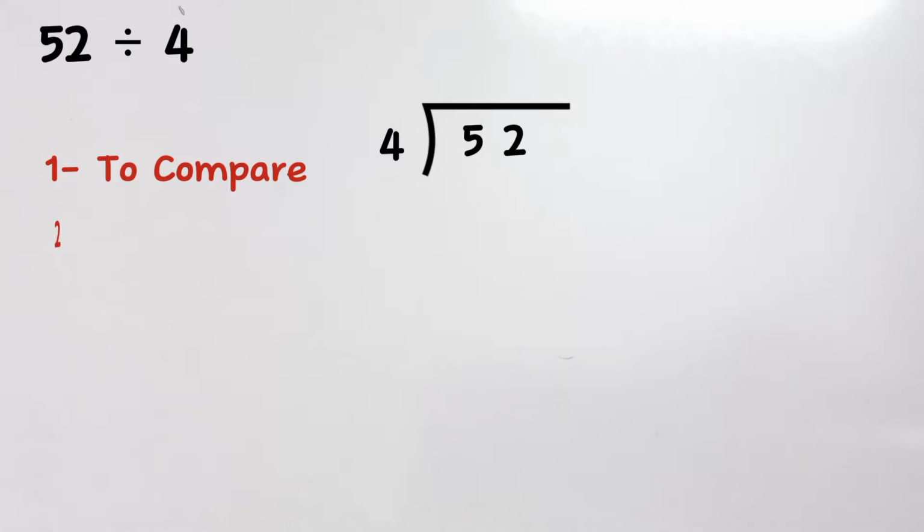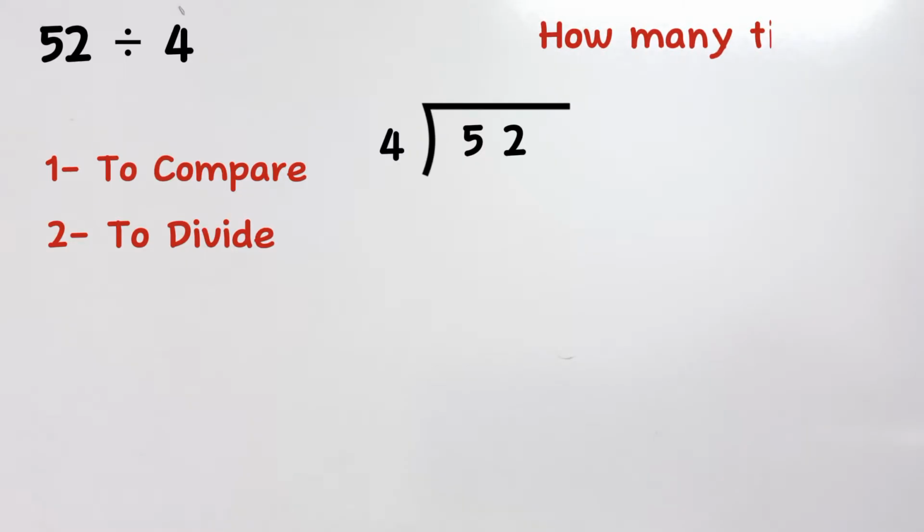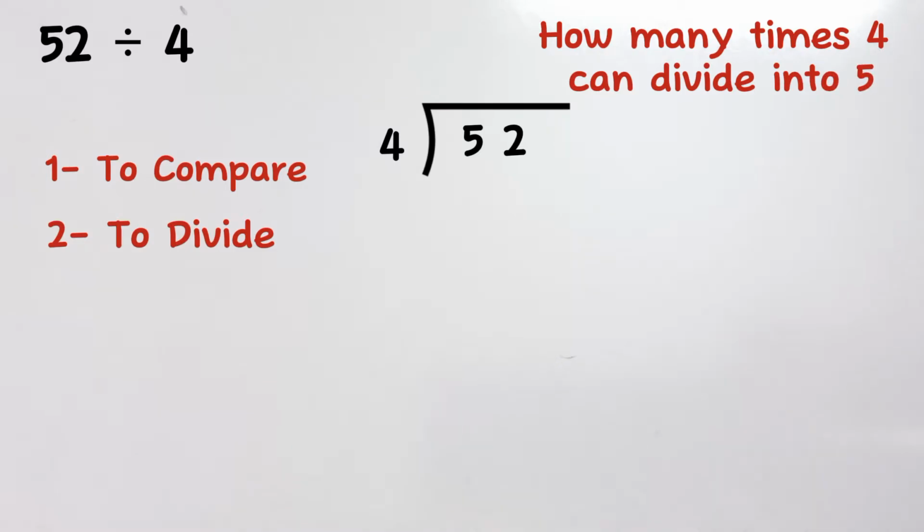Now, the next step is to divide. Now, in this step, we check how many times 4 can divide into 5. For that, we recall the 4 times table and find the product which is equal to or less than 5.